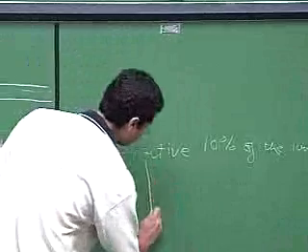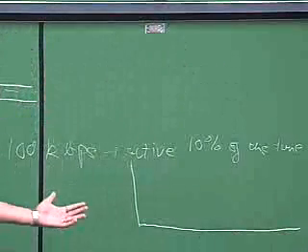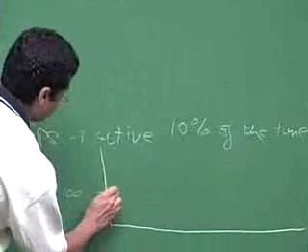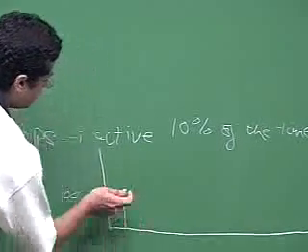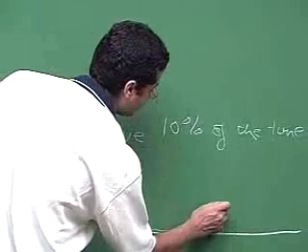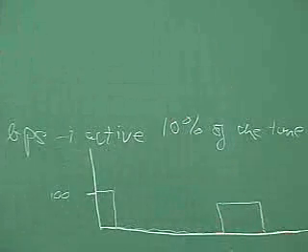So if you plot a typical user and the bandwidth that it's demanding, so this is 100 kilobits. It will demand 100 kilobits for a while, then it will be silent, then again 100 kilobits for a while, and then it will be silent.